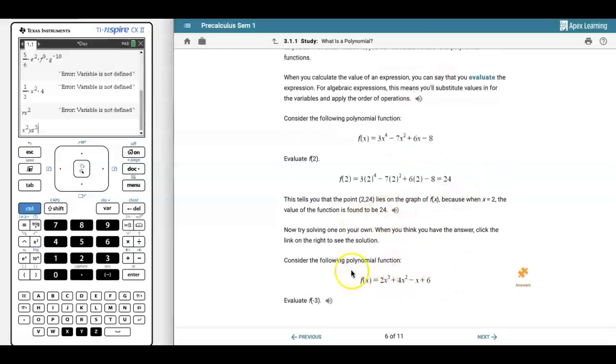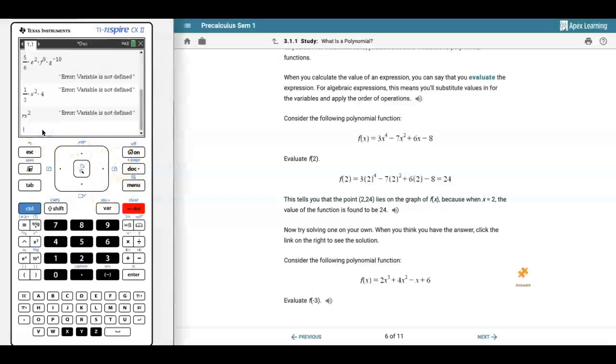All right, so now if we were to do this one, consider the following polynomial. I'm going to plug this into my calculator here so that we can walk through it together, how you should type this in. So I've got 2 parentheses, x to the third power, so that would be -3, -3 to the power of 3, plus 4 parentheses, -3 to the power of 2, and then minus a -3 plus 6.